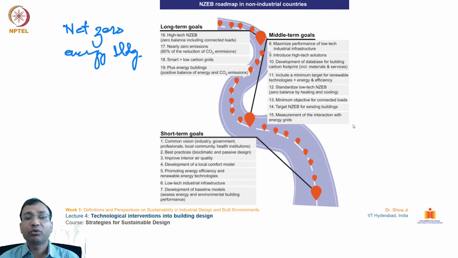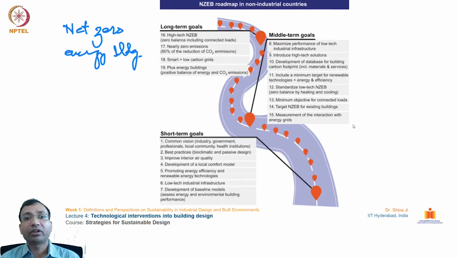The third one is to improve interior air quality, so that the efficiency of the occupants improves and the overall load on air conditioning is also minimized.